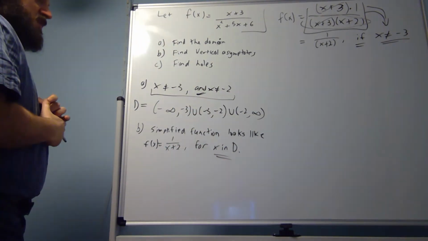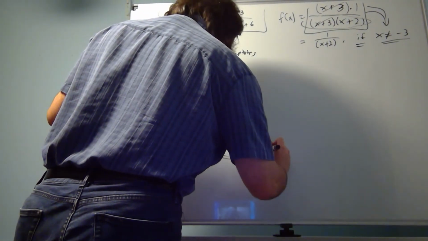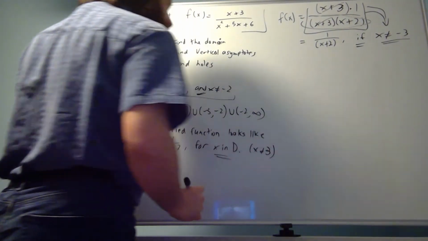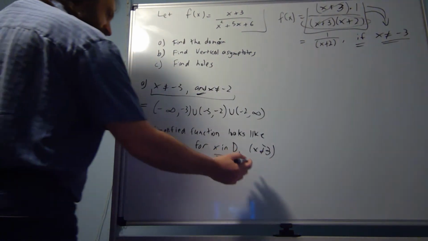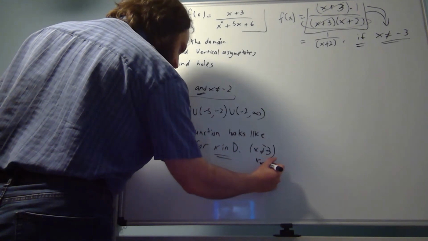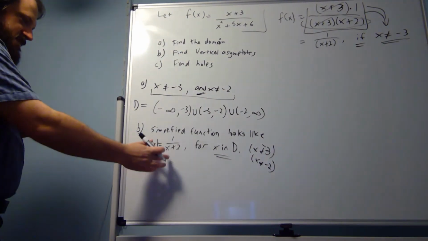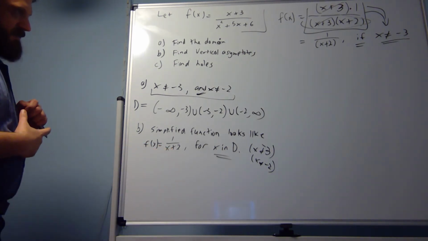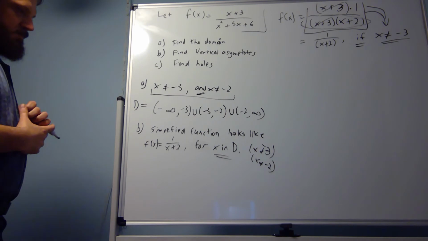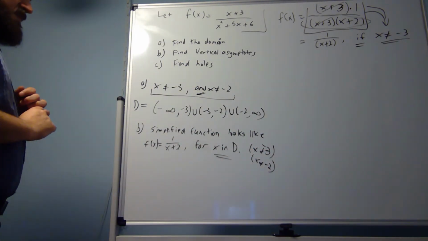So the only problem is x is not allowed to be -3. And yeah, sure, x is not allowed to be -2 either. But what's remarkable here is that this simplified expression looks okay when x is -3.